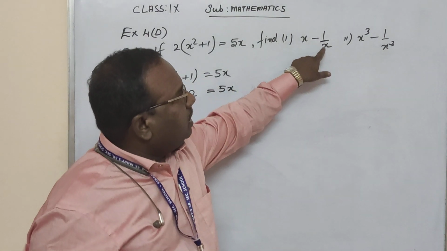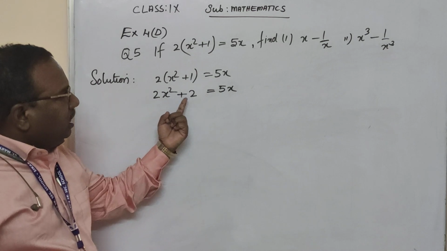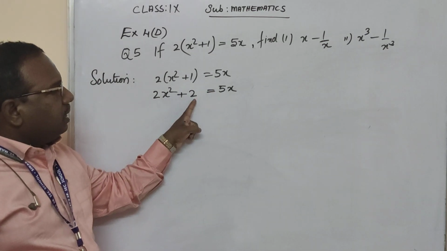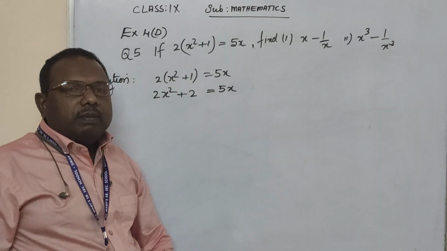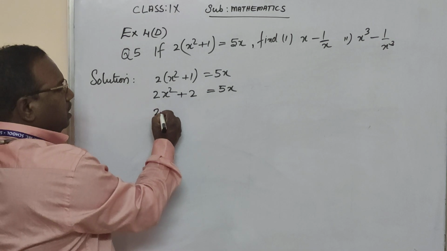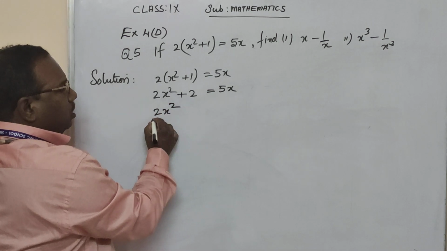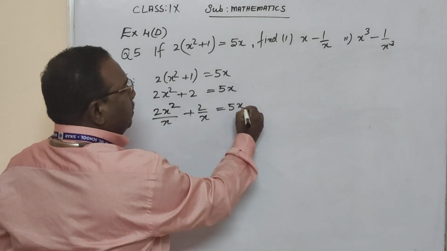Here is x minus 1 by x. So we have to divide each of these 3 terms: this term, the second term and this term. Each of these 3 terms we have to divide by x. So after dividing each of the terms by x, we get 2x square by x plus 2 by x is equal to 5x by x.